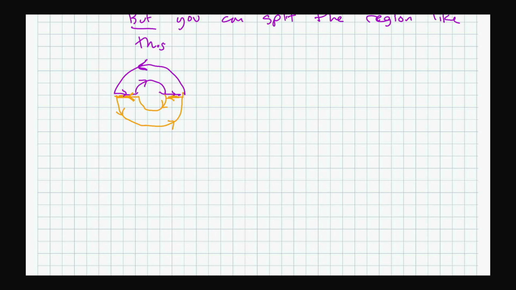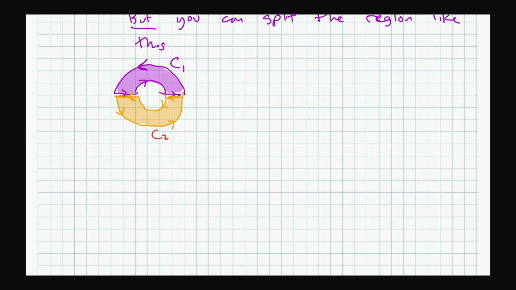So if I take that one up there and label it C1, and then the other one C2, you can split it up that way.